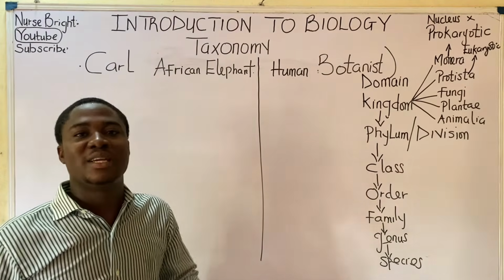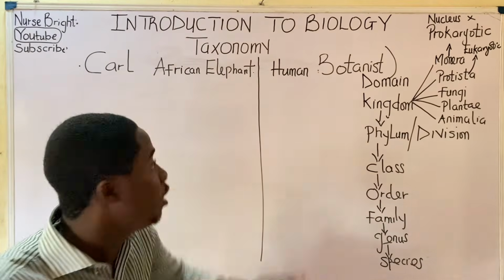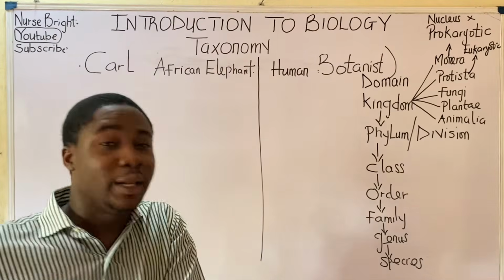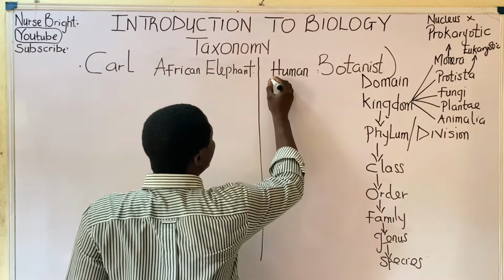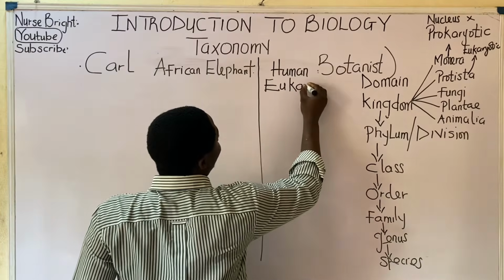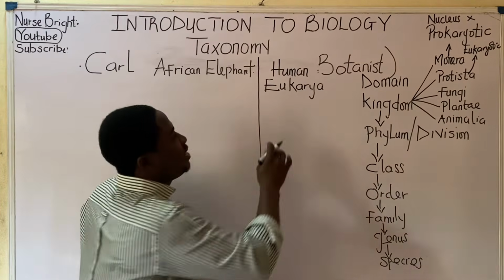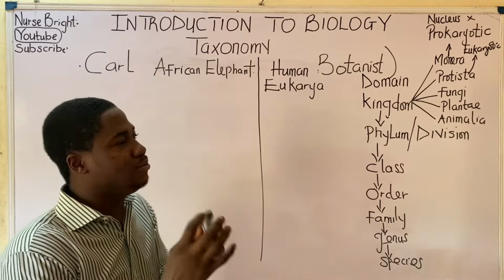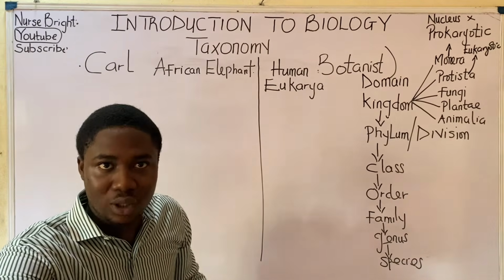So the question asks, what is the domain of humans? Which domain do humans belong to? The domain humans belong to is called Eukarya. If you observe, organisms that are eukaryotic are complex. Do you understand?